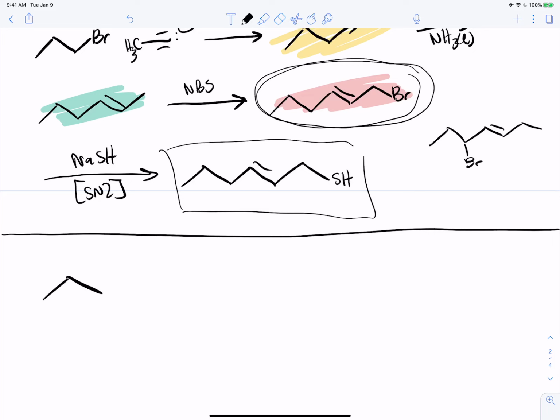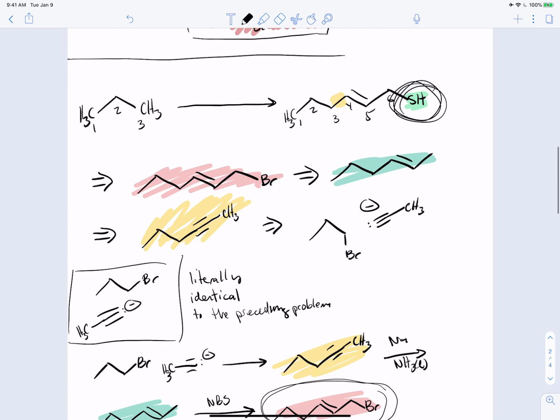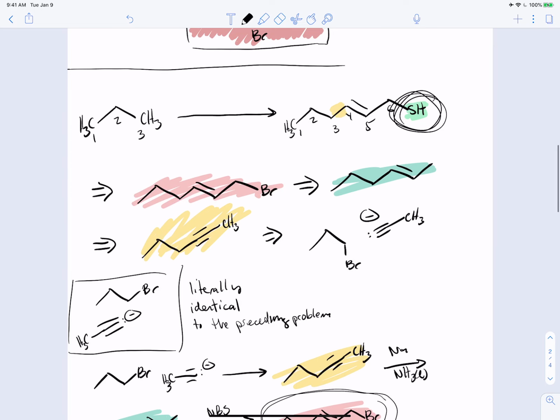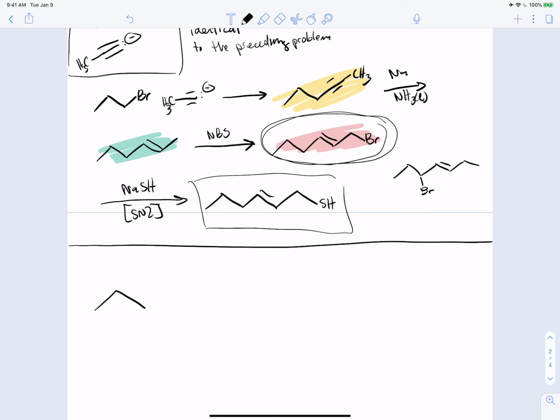So your two options really here are, let's take a look, let me find the product here. Yeah, your two options here are, actually, let's just go back.